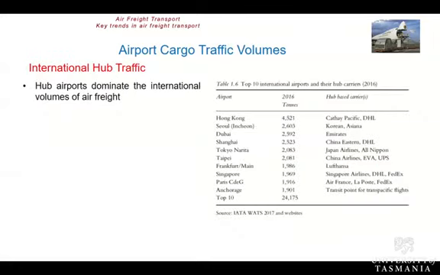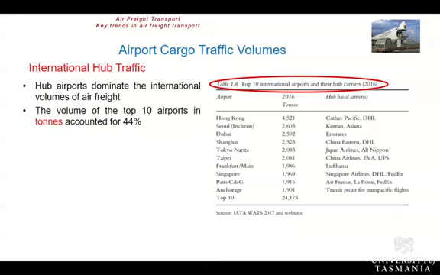If we have a look at the hub traffic, so the volumes going through the particular hubs, what this tells us is the top 10 international airports and their hub carriers. Each of the hubs generally make it into that position because they've got significant throughput of cargo from airlines that locate themselves at those hubs.